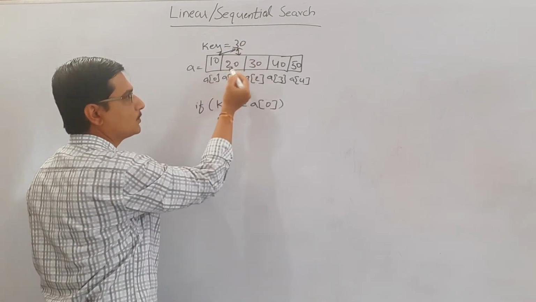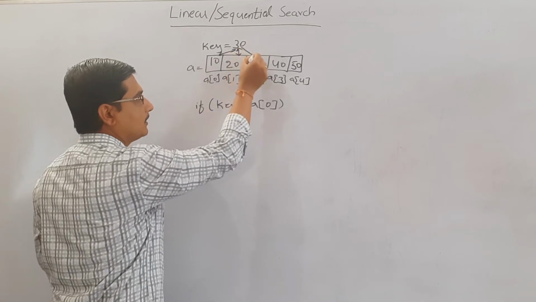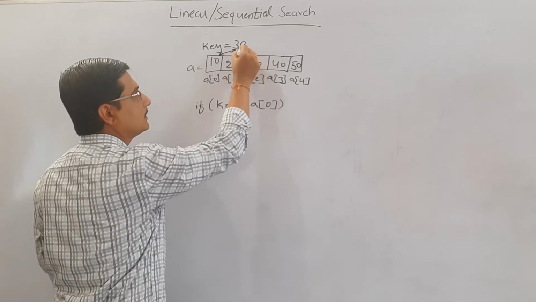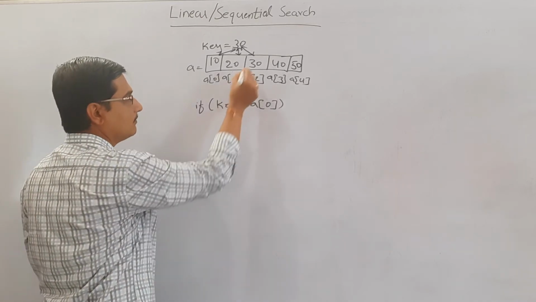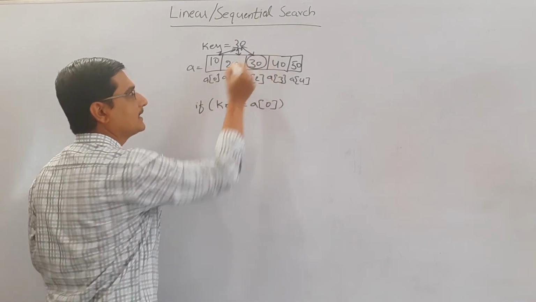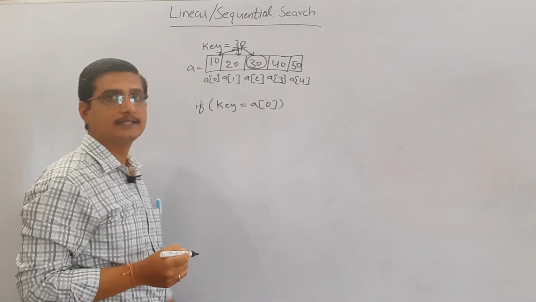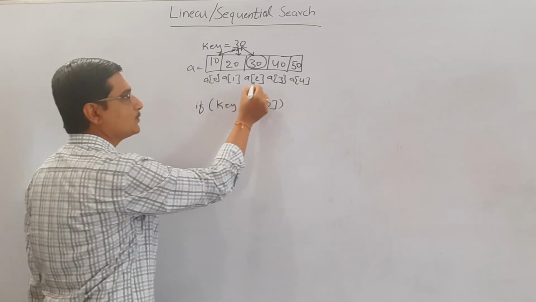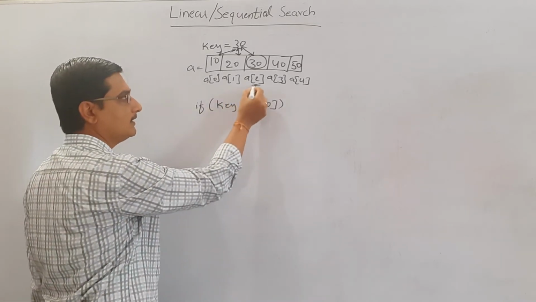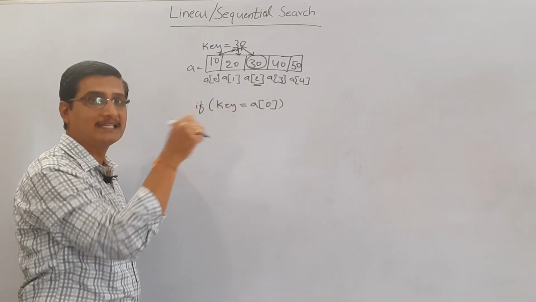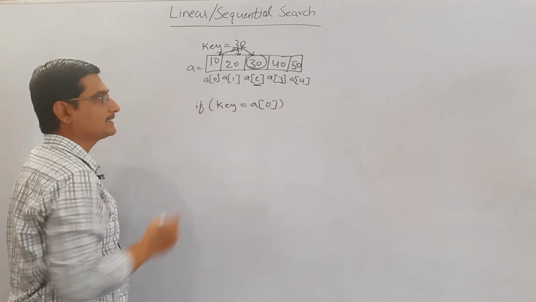Is 30 equal to 20? No. Is 30 equal to 30? Yes. So, 30 is present in the given array, and we say this is a successful search. In that case, we return the position of the element where the key is found.